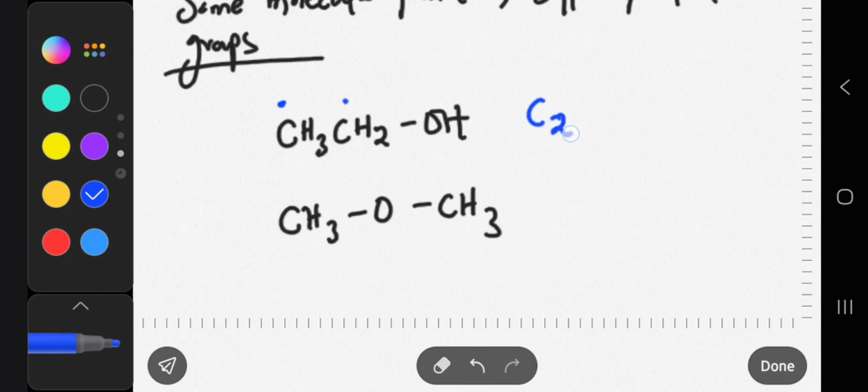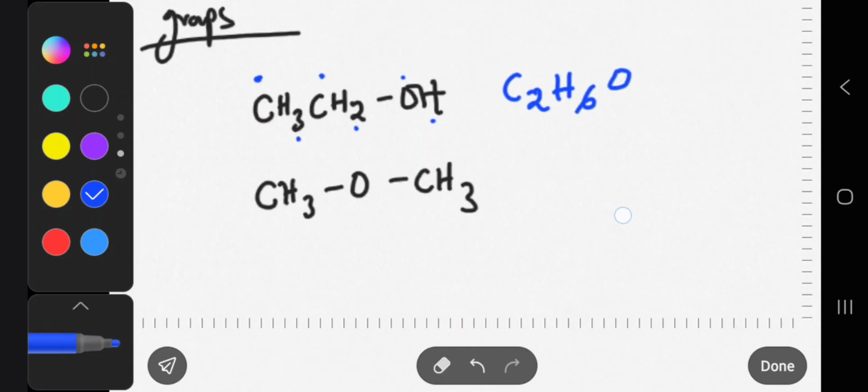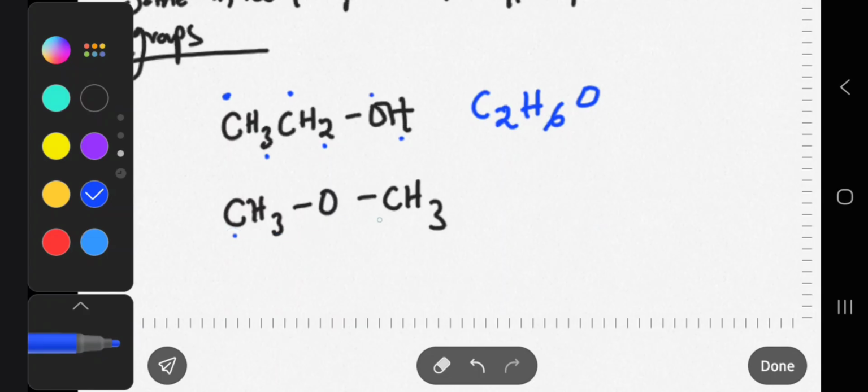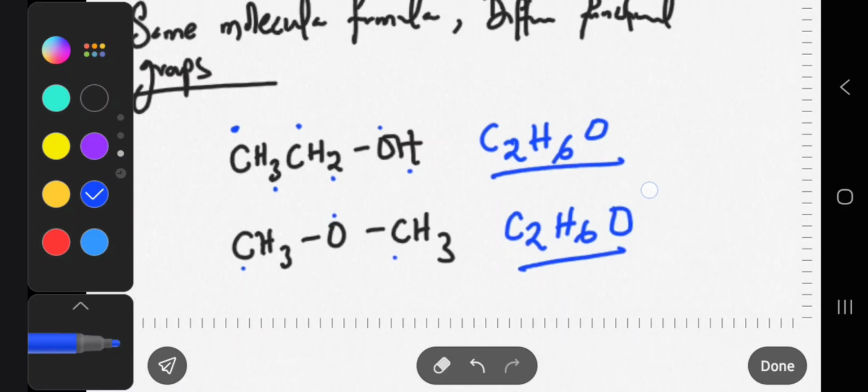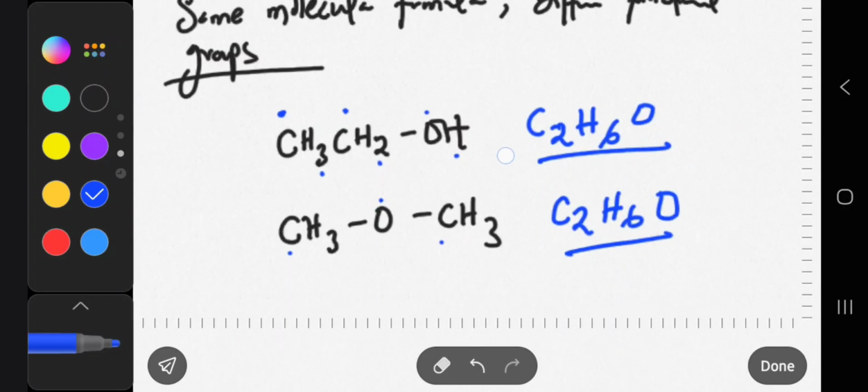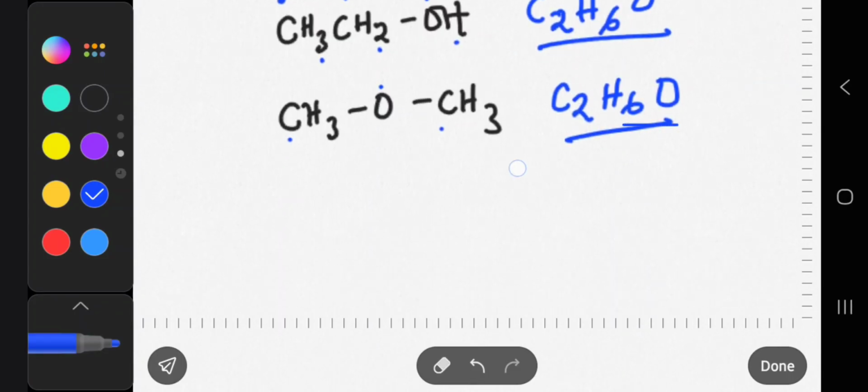So we have C2. How many hydrogen? 3 plus 2, 5 plus 1, 6. So I have C2H6, 1 oxygen. Can you see? Now if you look, 2 carbons, C2, 3 plus 3, 6. Then we have this oxygen. See, the same molecular formula, but different functional group. One is an alcohol, the other is an ether.